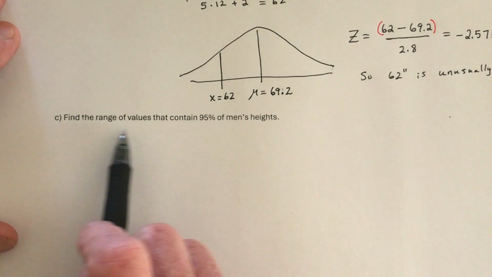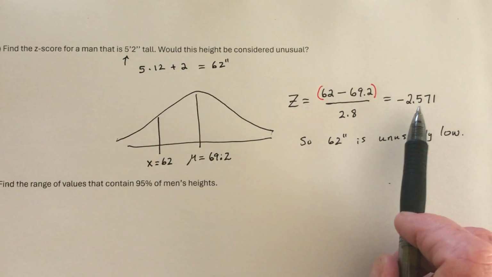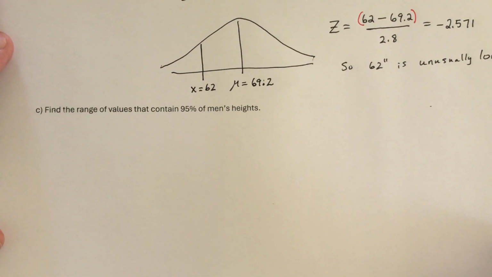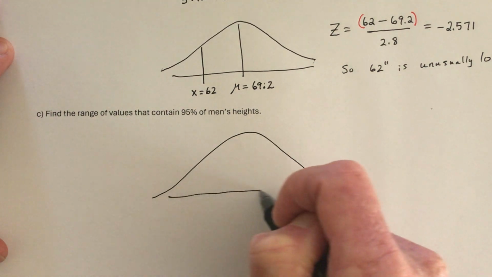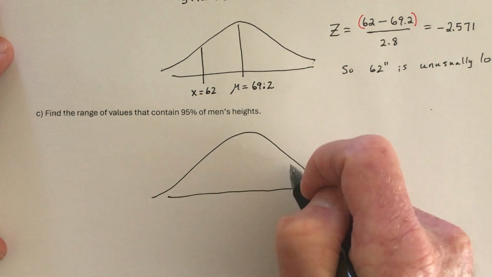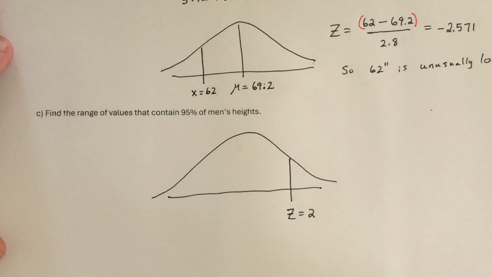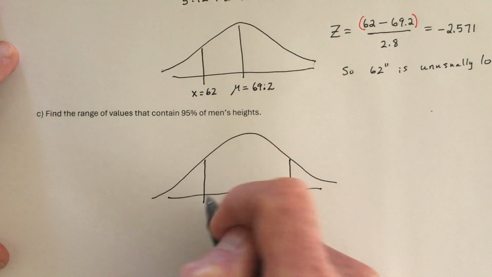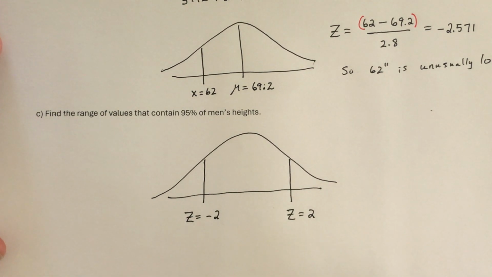Okay, then find the range of values that contain 95% of men's scores. Like I said, if it goes beyond 2, whether positive or negative, then those are the cutoffs for being unusual. If you look at the bell-shaped curve, and you got a z-score of 2, if you go beyond that, that's considered unusually tall. And over here, if you have a z-score of negative 2, that would be considered unusual.